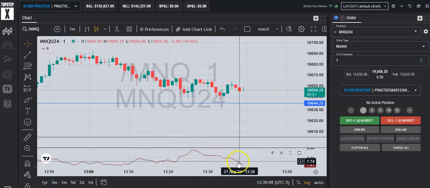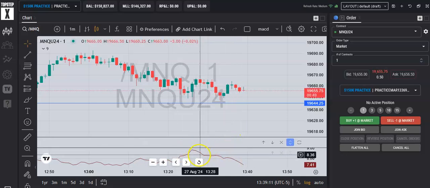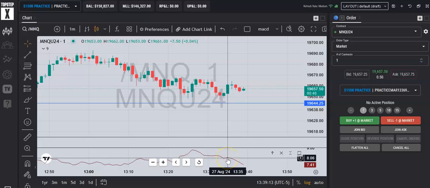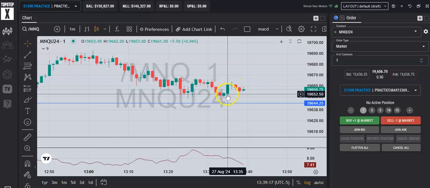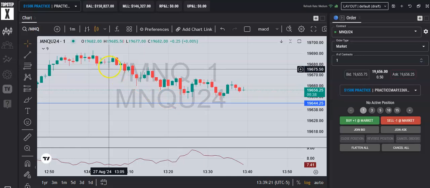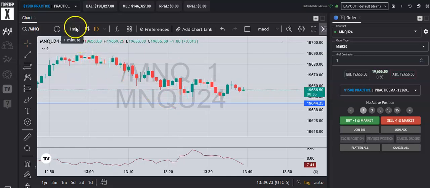That's located right down here. What this does is give you the average amount that the candle is going to move up and or down during the time frame that you've selected.